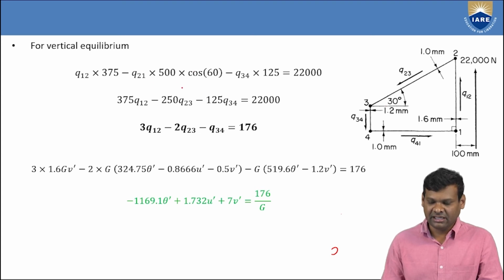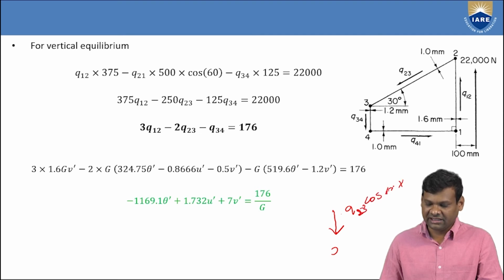What we get is that already towards down, since it is towards down, what I get is Q23 cos 60 into length is 500 mm. And Q34, it is directly towards down, it is Q34 into 125.